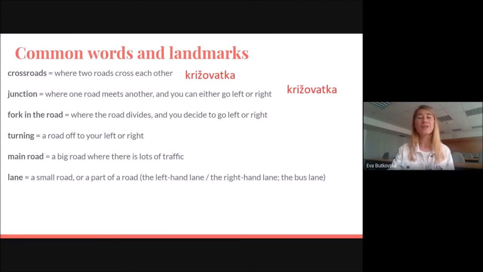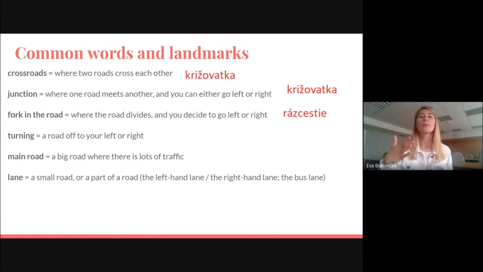The third one is a very British way to express it, fork in the road, and it is where a road divides, okay? So think about the translation. Does anybody know the translation to the phrase fork in the road? Okay, fork in the road.